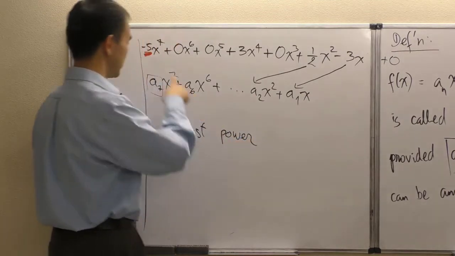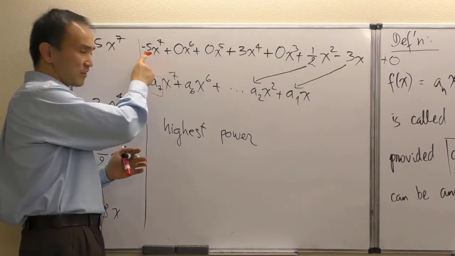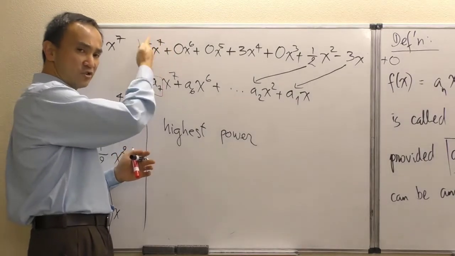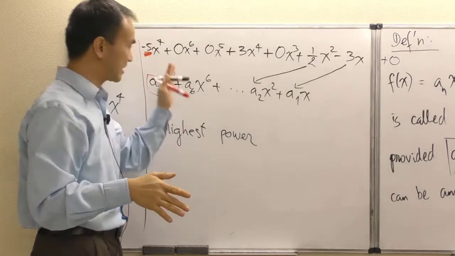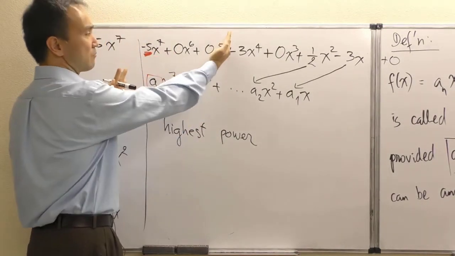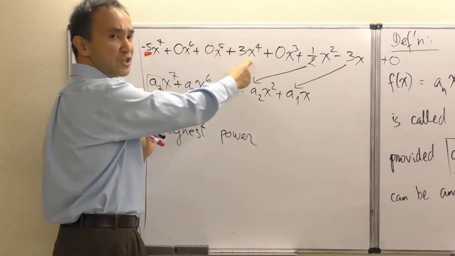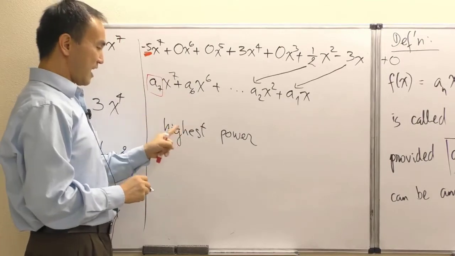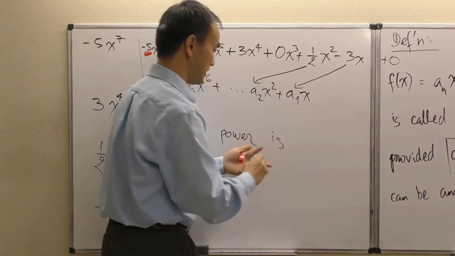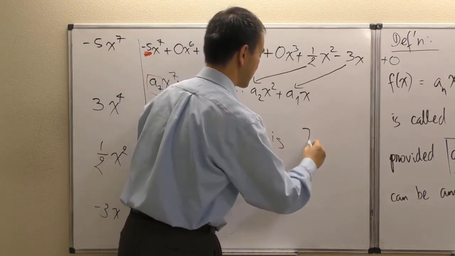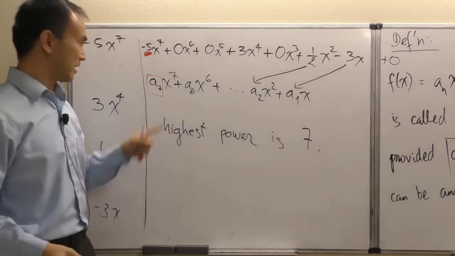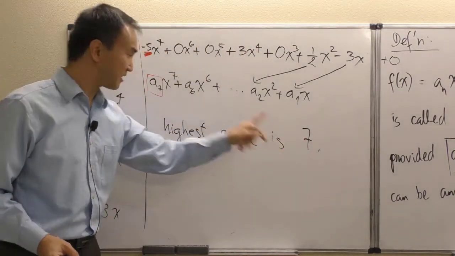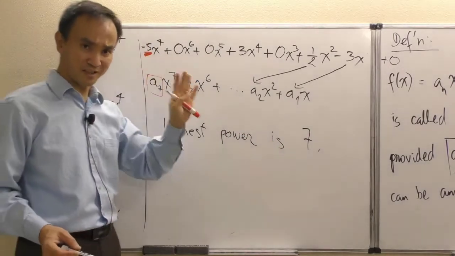That's why it's important to have the coefficient with the highest power to be non-zero. Otherwise, if it's also 0 here, then we can completely disregard all of these and consider x to the 4th as the highest power. So now the highest power here is, in this case, 7. That's the observation, and that's the reason we have that existing here, because of that coefficient being non-zero.